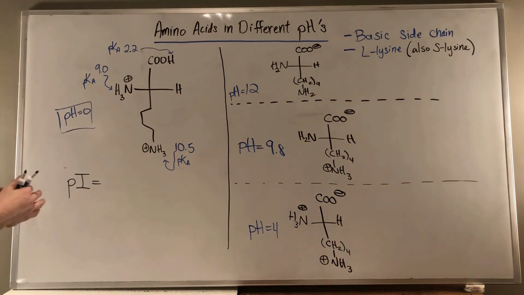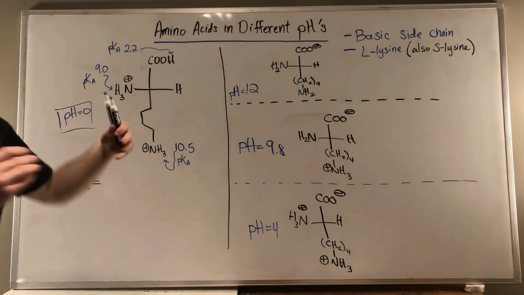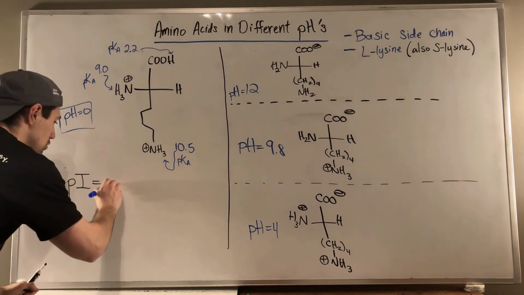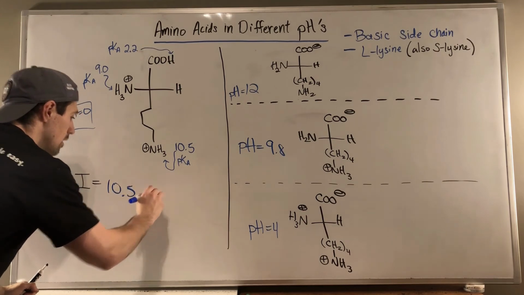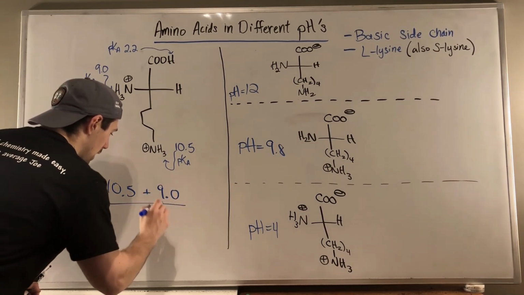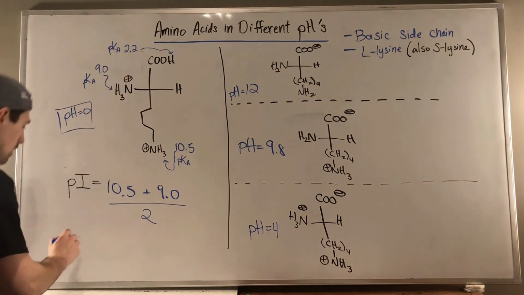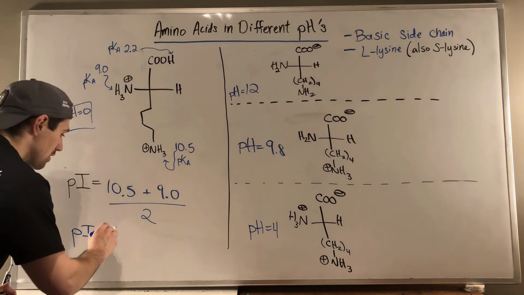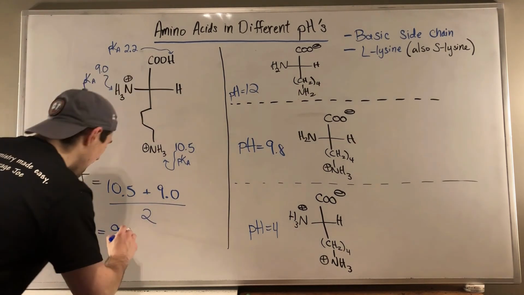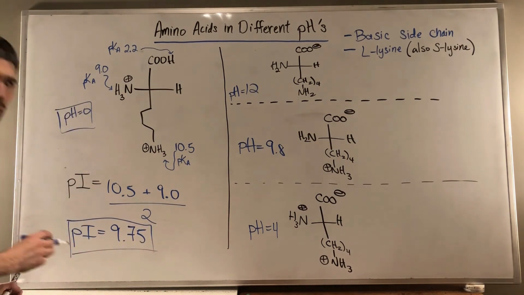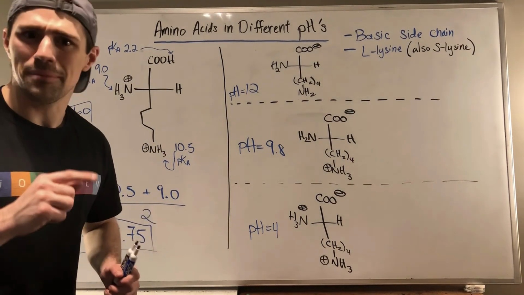With the basic side chain, we need to worry about our 2 highest pKa's, not the 2 lowest. So here we would be averaging 10.5 plus 9.0, divided by 2. So the PI, if we do some nice little mental math, or I look at the paper where I've written it down, is 9.75. Weirdly, mental math gets really nerve-wracking when you're doing it in a room, taping by yourself.